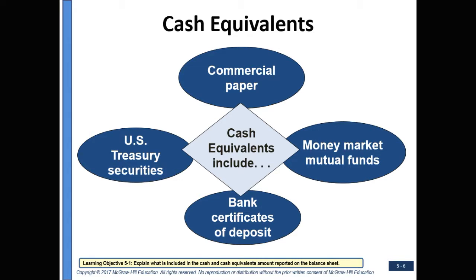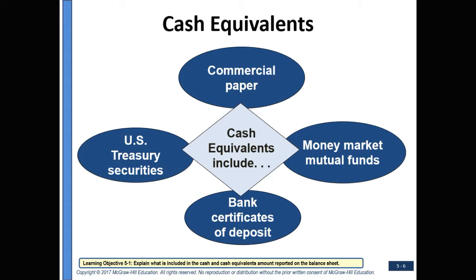Cash equivalents, though, are slightly different. These are assets that are expected to mature within 90 days. Most frequently, you will find that they are commercial paper, U.S. Treasury securities, bank certificates of deposit, and money market mutual funds.